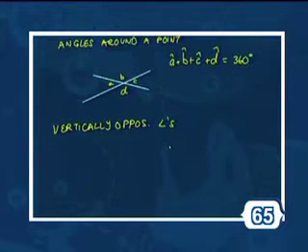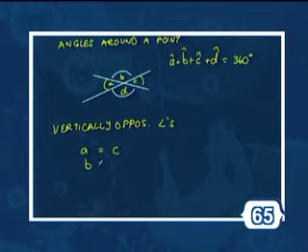So for example, in my drawing, angle A would be equal to angle C, since these are directly opposite each other, and angle D would be equal to angle B for the same reason. So angle A is equal to angle C, and angle B is equal to angle D, because those are vertically opposite angles.